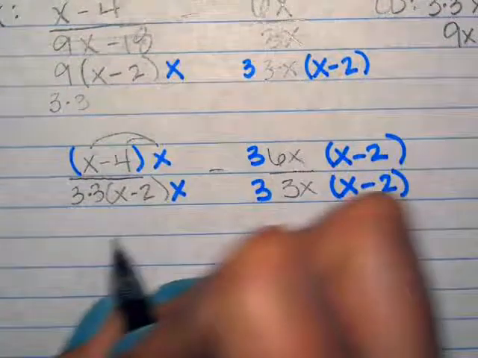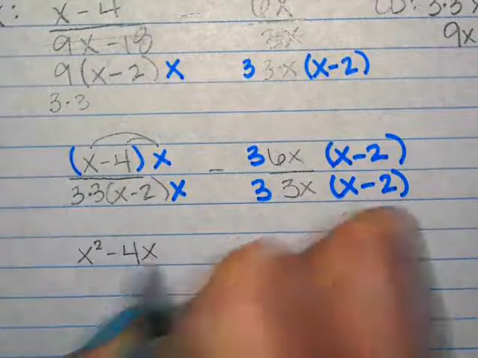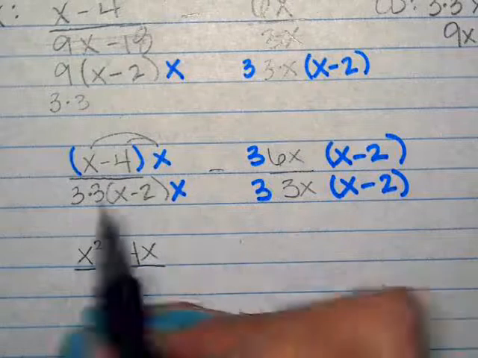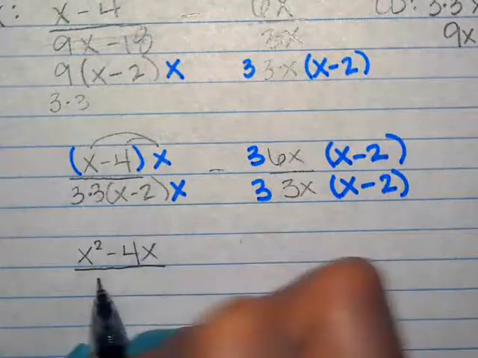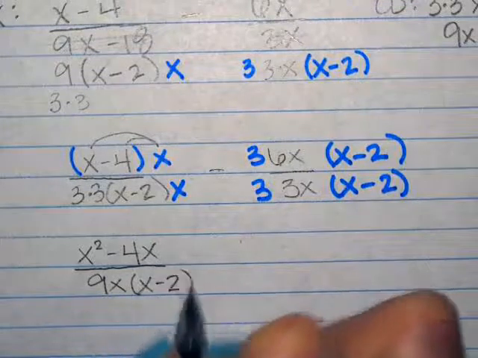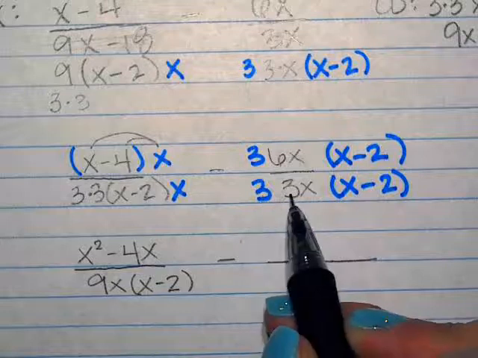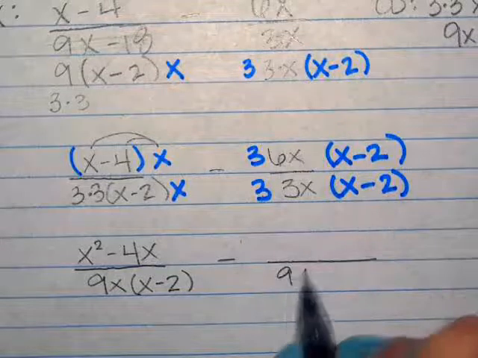So on the top, I had x squared minus 4x. On the bottom, I can just say 3 times 3 times x is 9x, and x minus 2.